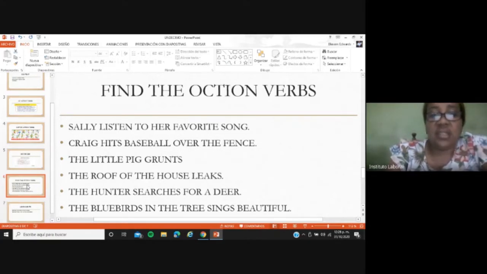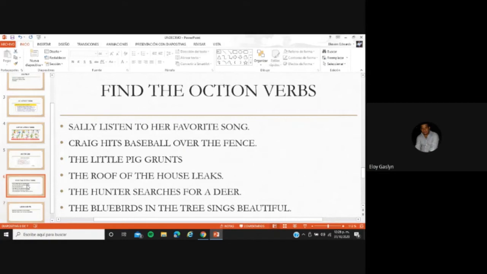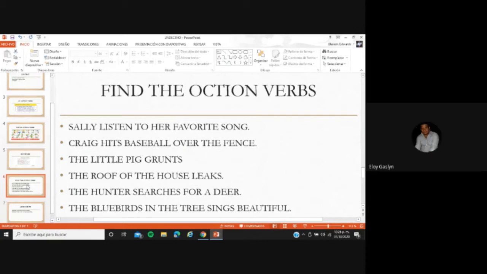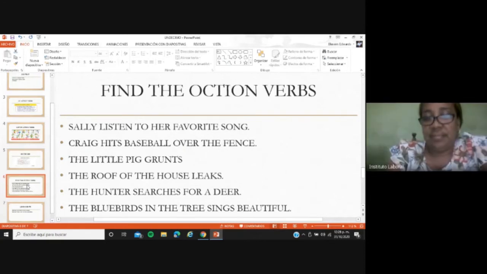The hunter searches for a deer. Which is the action verb? Searches. Okay, searches for a deer. The bluebird in the tree sings beautifully. Which is the action verb? Sings, because I say the bluebird sings beautifully.